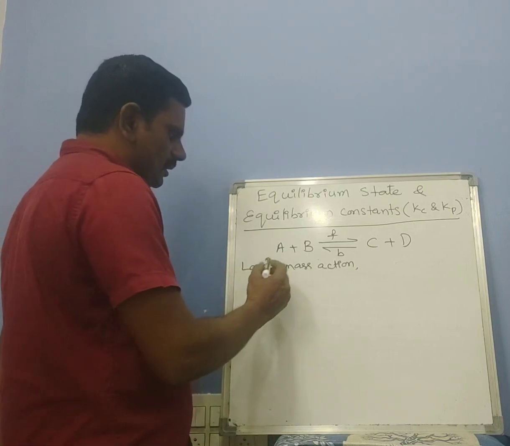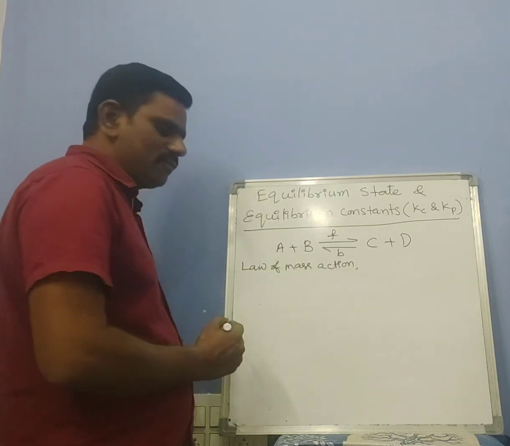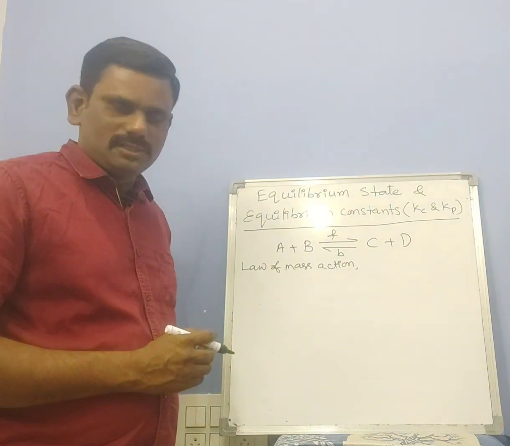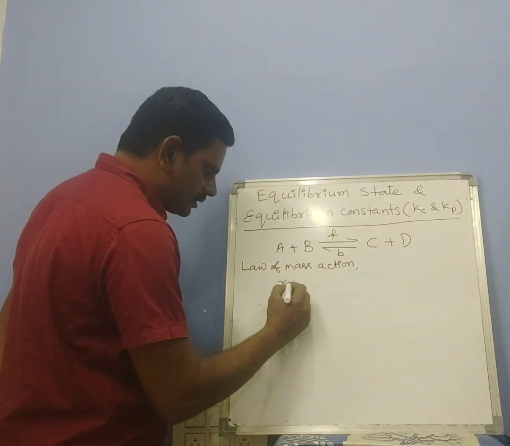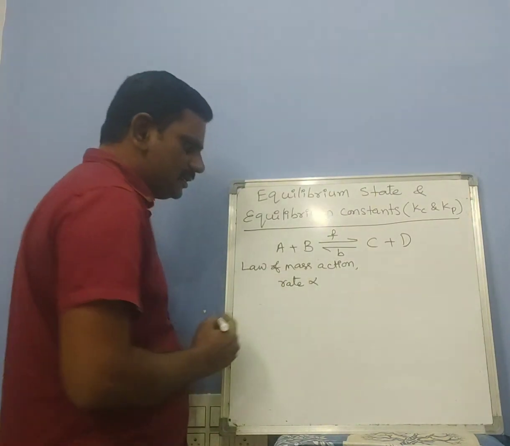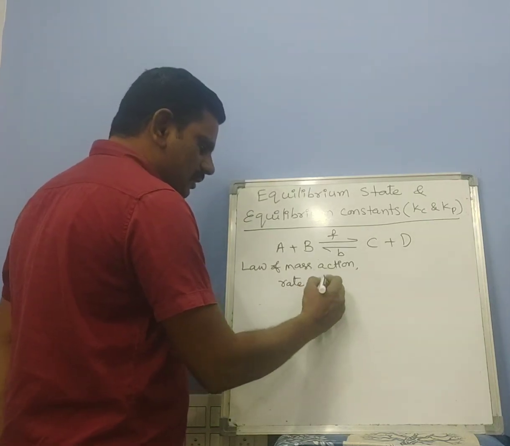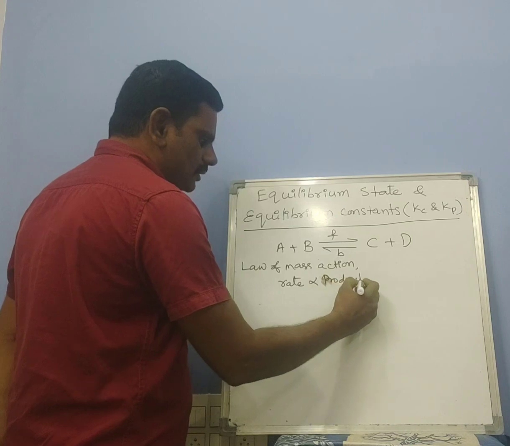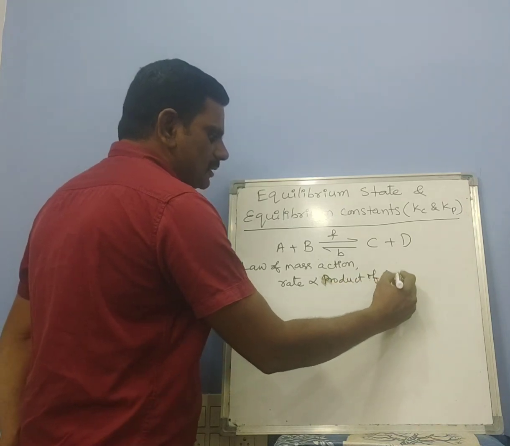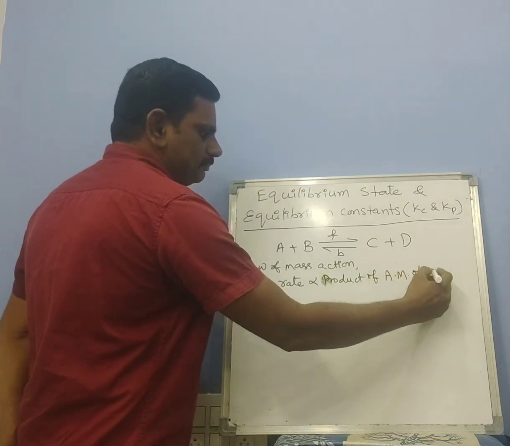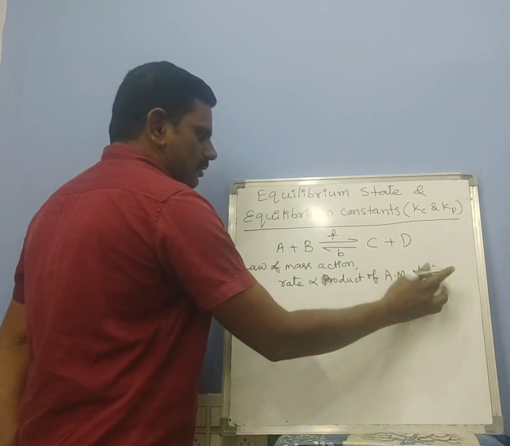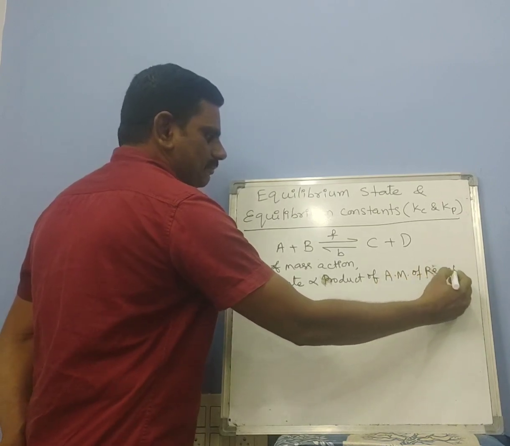According to law of mass action, at a constant temperature, the rate of reaction is directly proportional to the product of active masses of reactants.